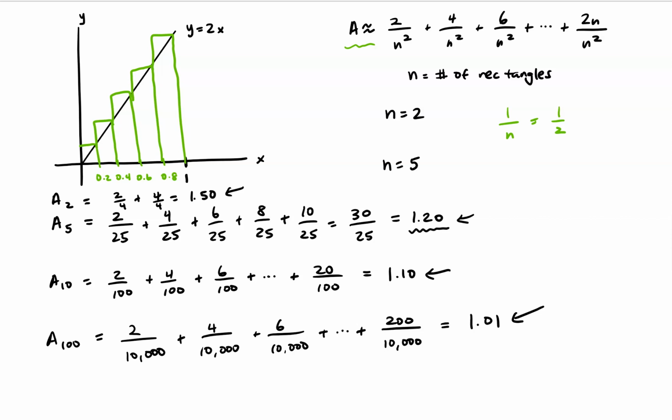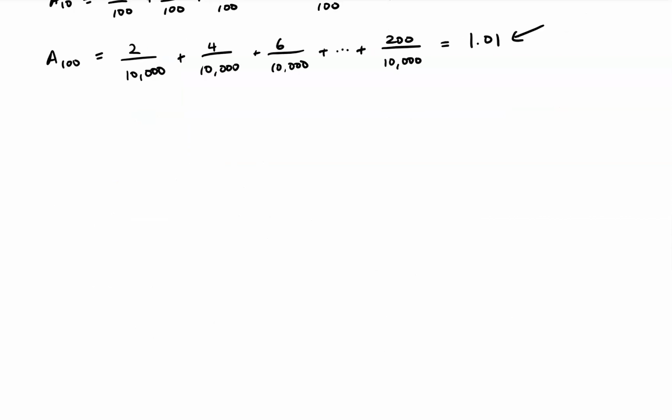Now, you might be asking, Mr. Kwan, how do we find this sum? That seems like a lot of terms to add up and a lot of work. I don't want to punch in every single term like that into my calculator. Well, there's a really nice trick to going about doing this.